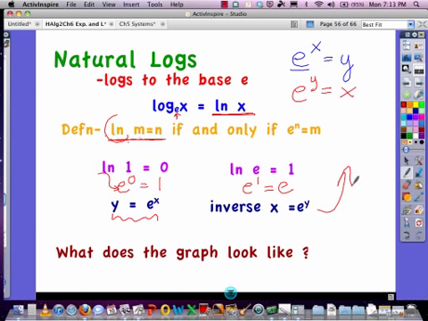Now, before we do that, take a quick look on your grapher, because you have e in a couple different places. You want to make sure you find it. It is not the alphabetical character like the capital E. It is a small case e, and you should have it in a couple spots on your calculator. Some of them are over by the powering keys, if you can find your powering keys.